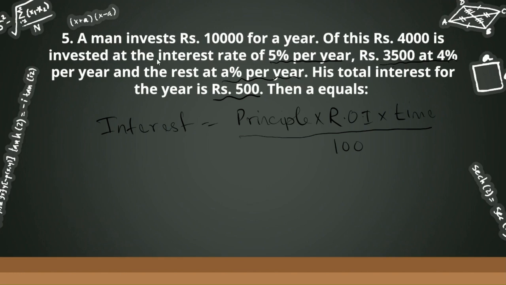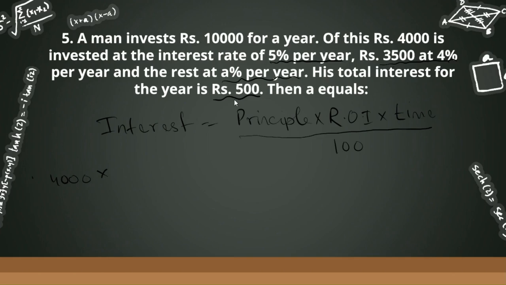If we put the value for the first case, he invests 10,000 in total, so 4,000 is invested at first. That's the principal, 4,000.